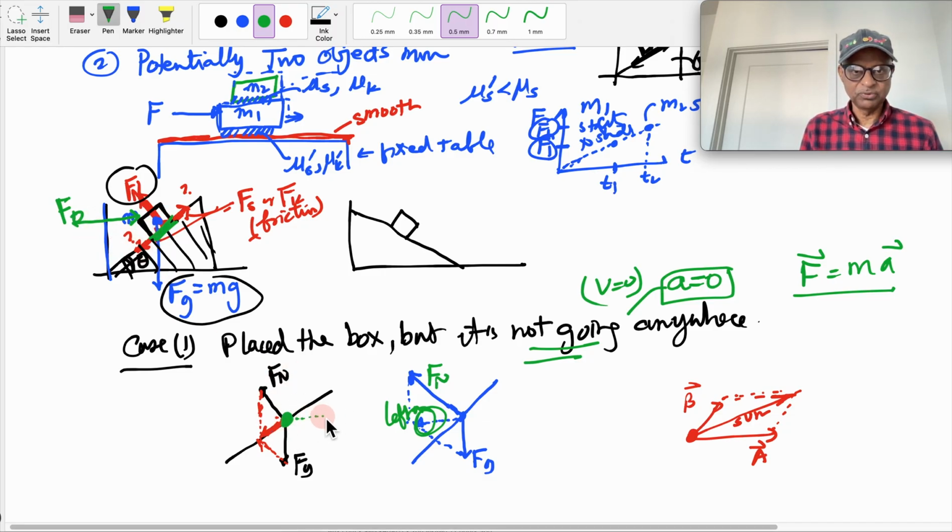But still, these three may not add up to zero. They have to add up to zero. If I have this situation, then of course it's not going to add up. The net will be this plus that, so the net will be that. It's not going to add up to zero.